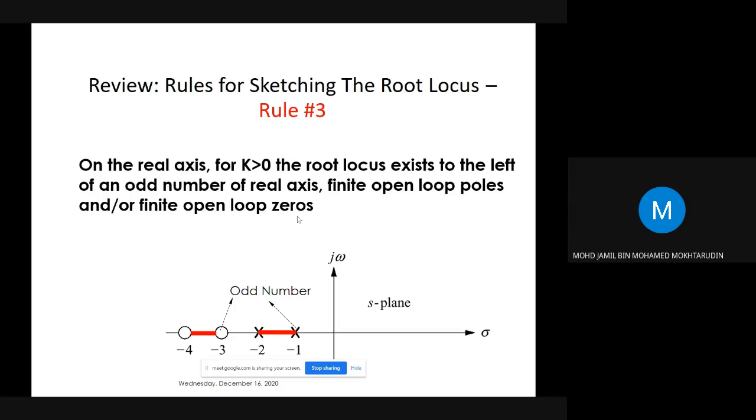Basically what I understand on this is that the root locus always starts from the poles and finishes at zeros, but it will always be going to the left. Okay, so let's say if you start your root locus from this pole here, it will always go to the left. Okay, seldom going to the right.